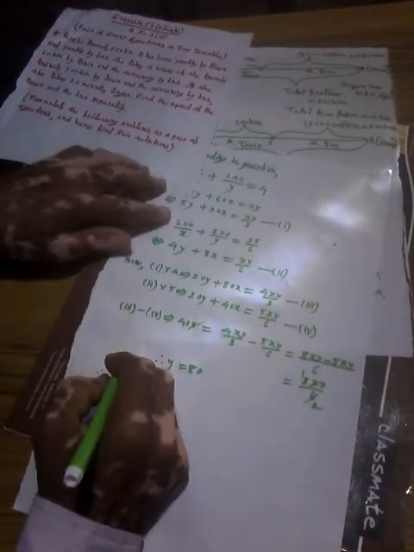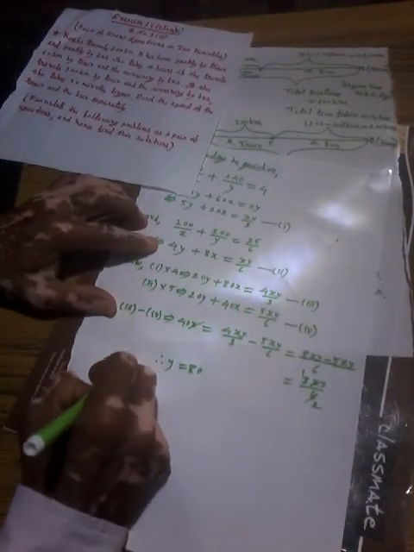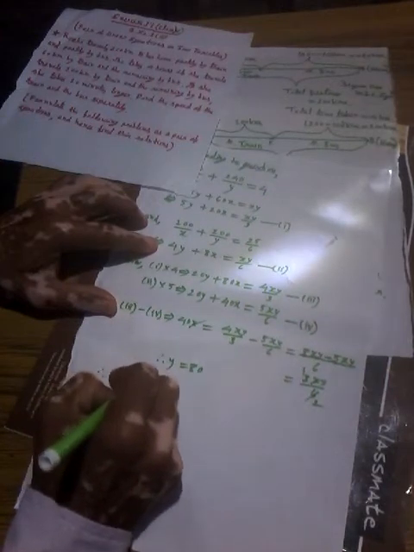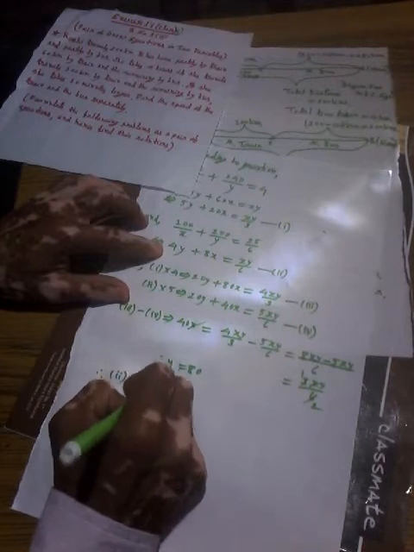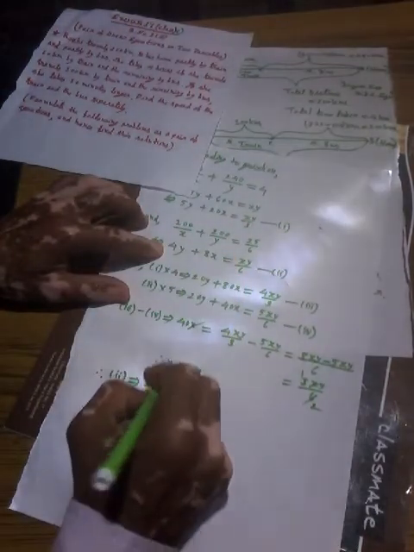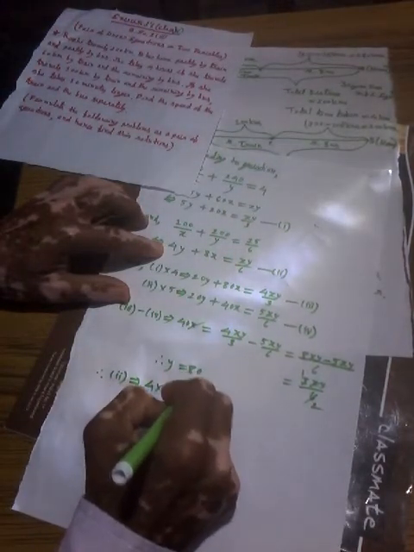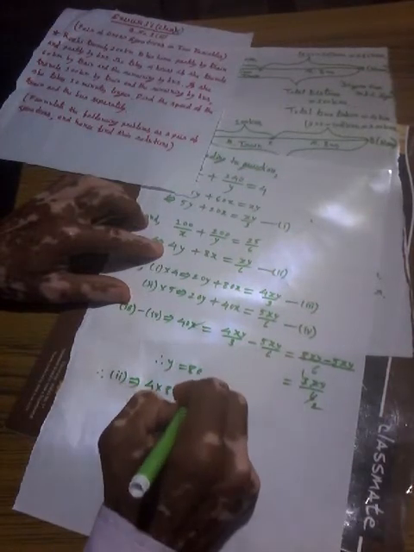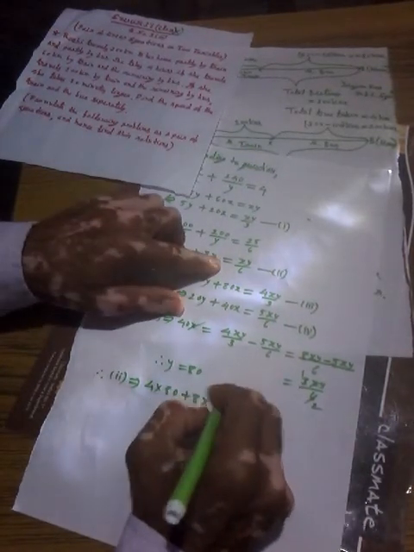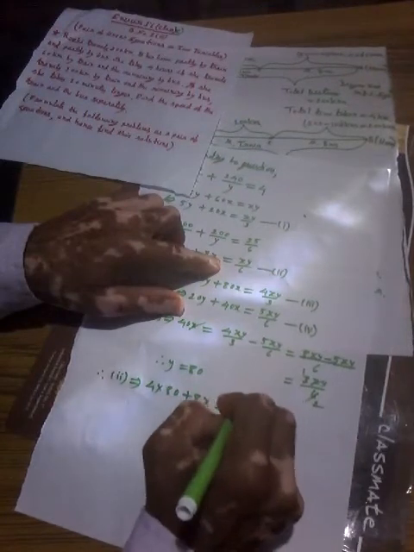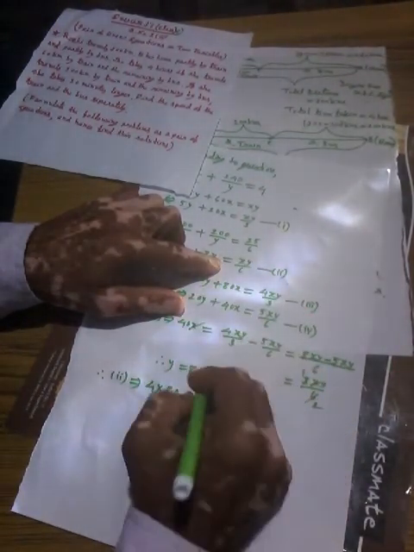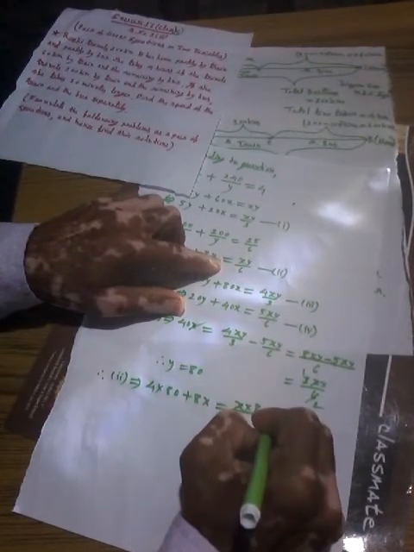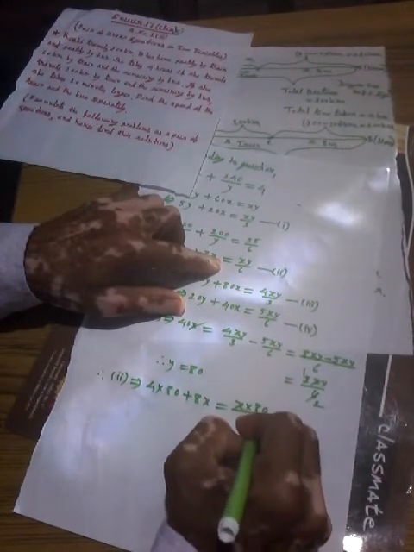Therefore 2 implies 4 into, in place of y we will write 80, plus 8x is equal to x into, in place of y we will write 80, by 6.